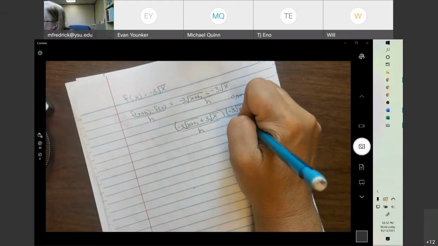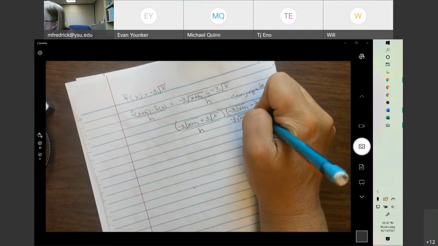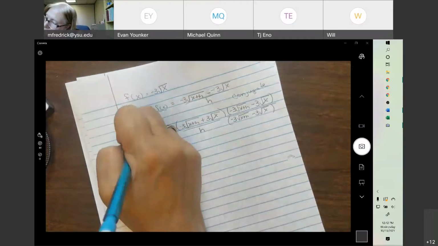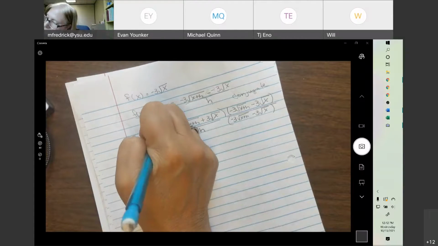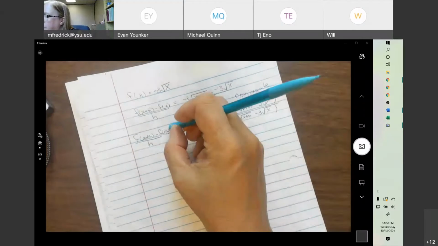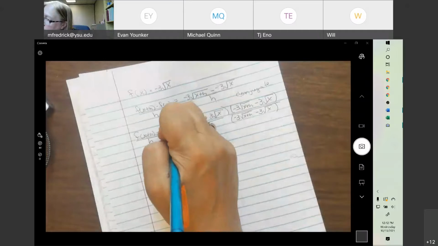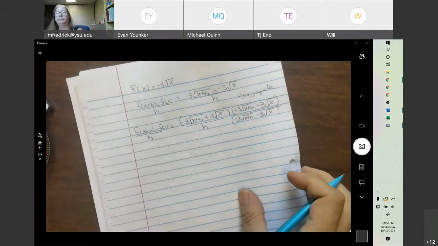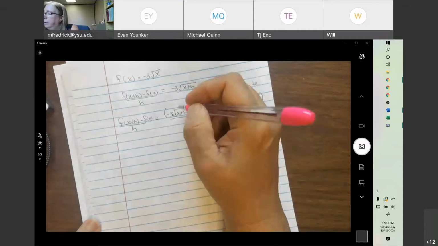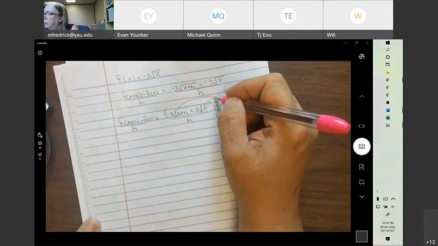Don't multiply the bottom out because we want that h to cancel. On the top, you only have to multiply the first two and the last two. Since it's the conjugate, the middles drop out, they cancel. So you only have to multiply the first two and the last two.